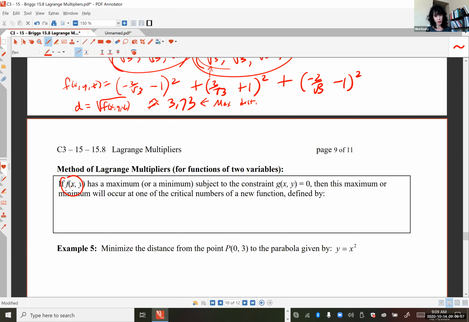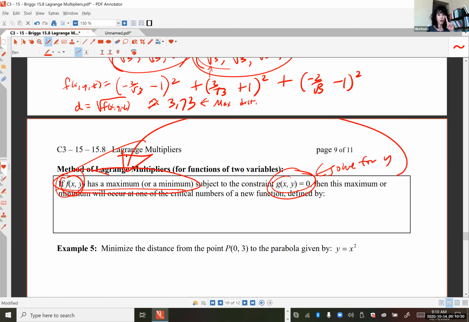Now, you have some options to do this. So let's talk about what you already know how to do. If you are trying to maximize or minimize a function of 2 variables subject to a constraint, what you could do, well, actually a Calculus 1 student could do this, because after you have your f(x,y), you could solve this for y and then substitute it into the original function you're trying to optimize, and then you'll have a function of 1 variable only, and then go do Calc 1 on it.